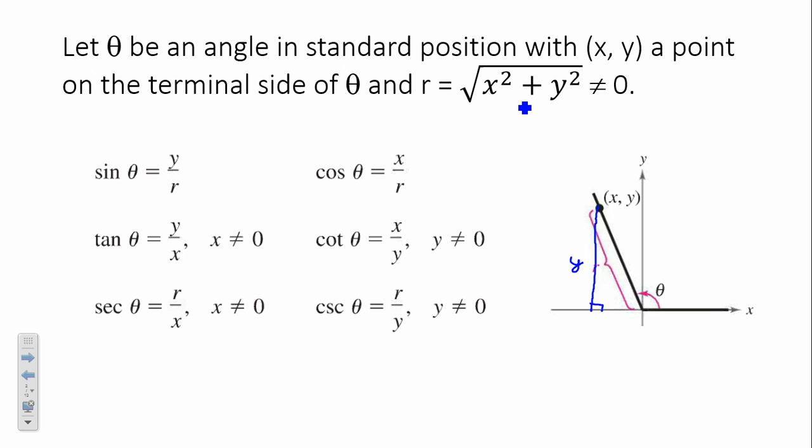This is my x. This is my r. How did they get r equals the square root of x squared plus y squared? Because of the Pythagorean theorem. x squared plus y squared equals r squared, so r will be the square root of the sum of those squares.